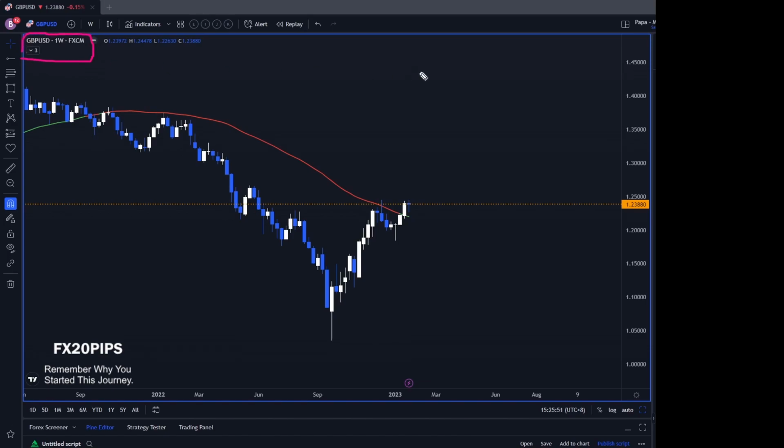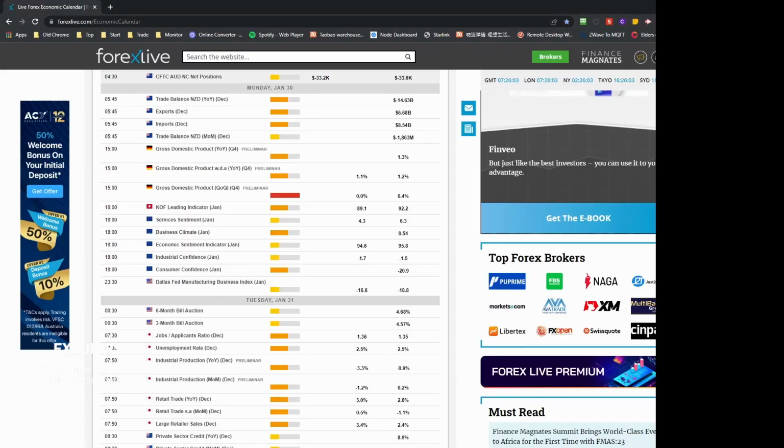Now, before I go into the details, let's look at the news for the coming week. Okay, it's an interesting week. Monday, January the 30th, we don't have much GBP USD news. However, we do have one which seems to be unrelated.